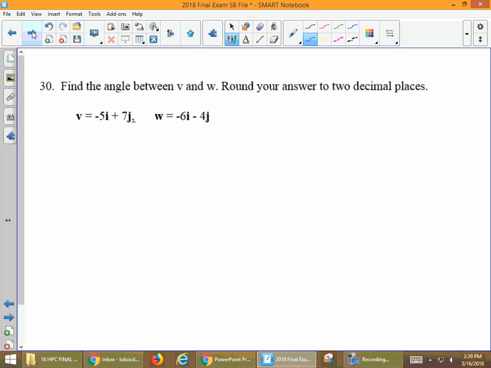All right, number 30, find the angle between. So you have an equation for this on your equation sheet. The dot product over, well, cosine inverse, the dot product over the magnitude.